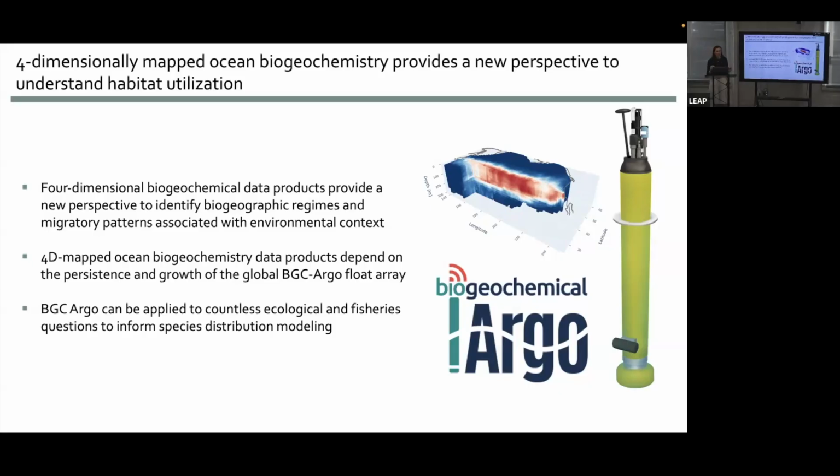But really the goal here was to use the rawest form of data coming from the floats, so trying to minimize downstream processing. We could have used net primary productivity, but that involves multiple steps from the raw data that you get from the float all the way to perhaps a more all-encompassing variable to represent foraging conditions.